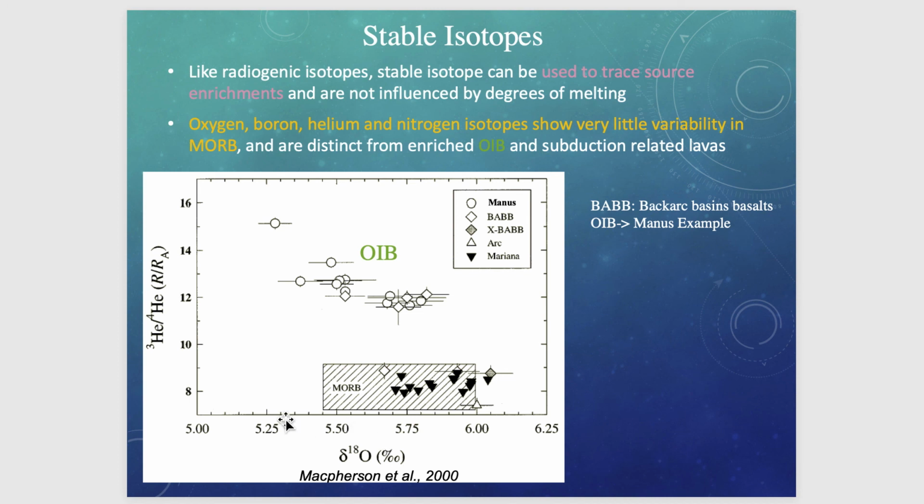So certainly both radiogenic and non-radiogenic isotopes will be useful to differentiate the level of enrichment in different magmatic suites.